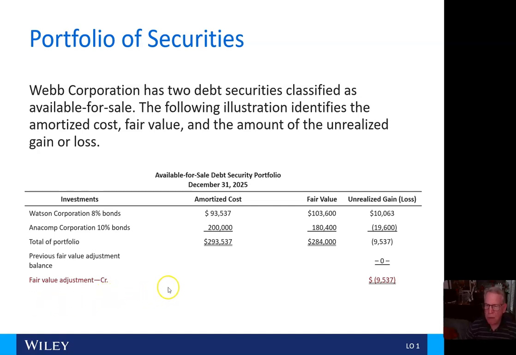And when we left off, Webb Corporation had this unrealized loss of $9,537. So what we're going to do is create a credit for that.